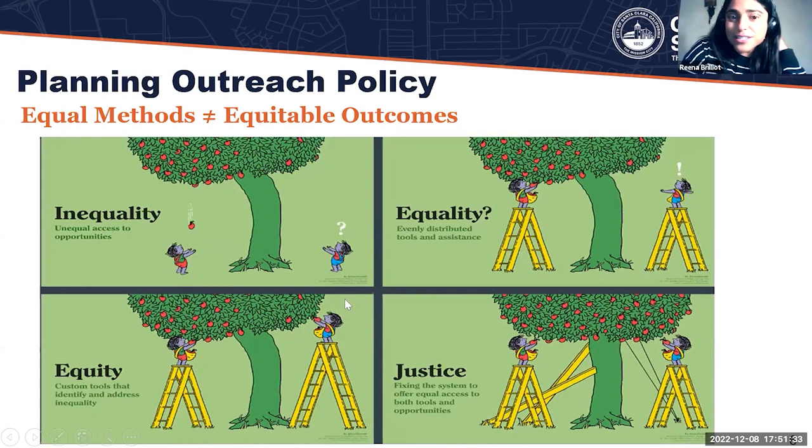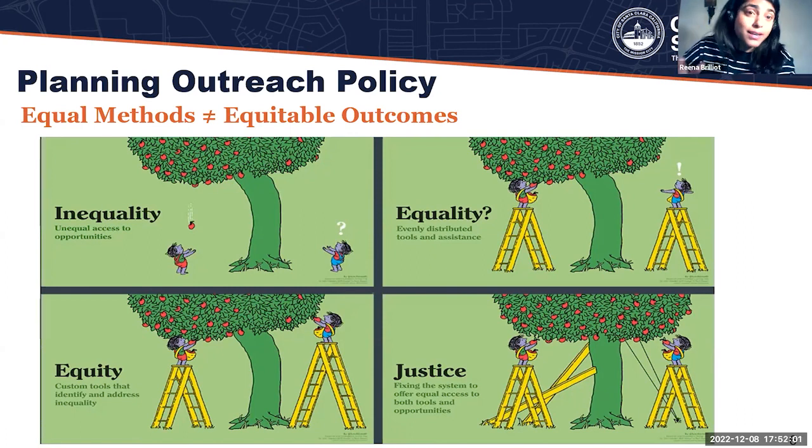And then here's this other boy, and the tree's slanted here, and more of the apples are on the other kid's side, and he doesn't know how he's going to get an apple. So our systems and the world are set up to have these inequities built in. And what we have been doing is the second box. How do we treat everyone the same?